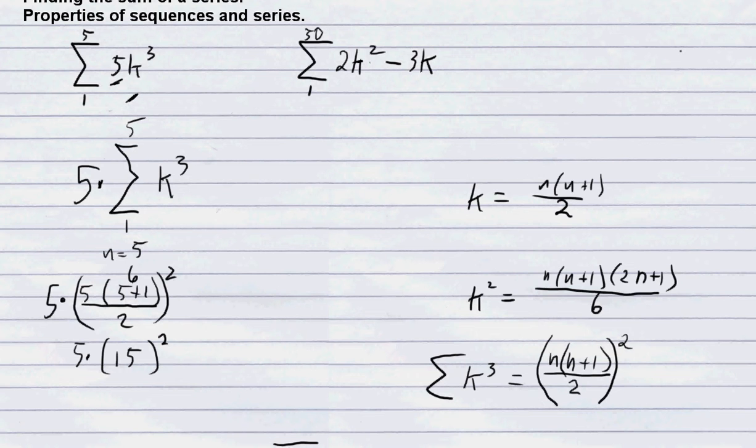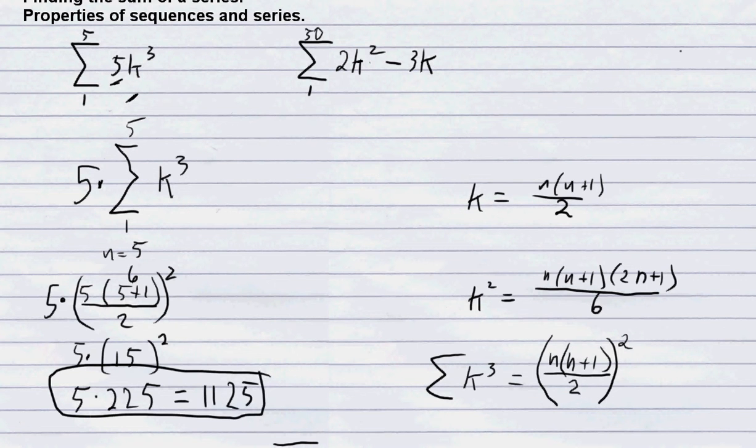So this is going to be, getting my calculator out because we're going to need that in a minute. Okay, 15 squared is, of course, 225. So now we just do 5 times 225, which is 1125, and so that is the sum of this series, as you can see right there.